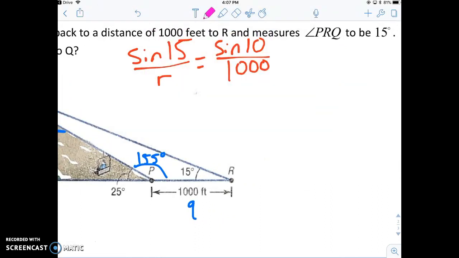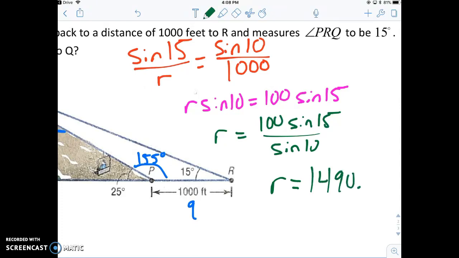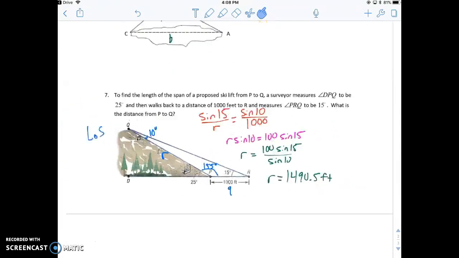We can solve this with some nifty cross multiply, so I can say R sine of 10 equals 1,000 sine 15. And if I divide by sine of 10 on both sides, I will get R equals 1,000 sine of 15 divided by the sine of 10. If I put that in the calculator, the right side there, I'll get 1,490.5 feet. That is about how long the mountain slope is.